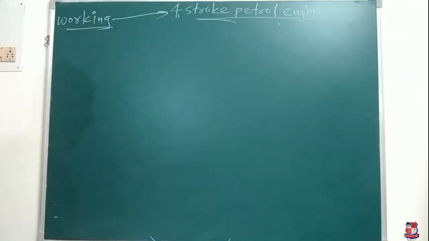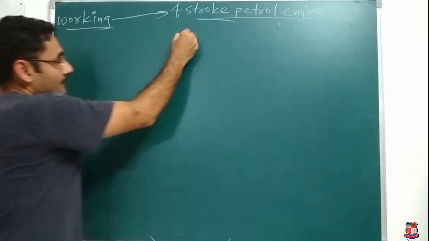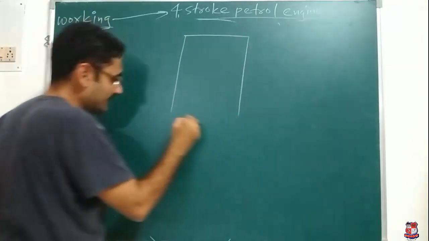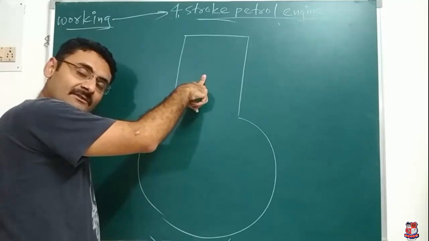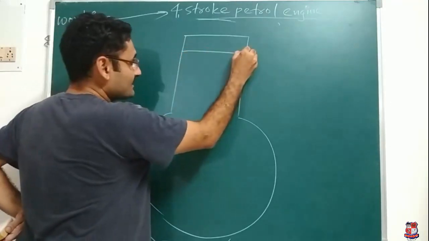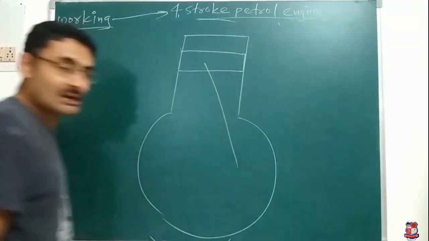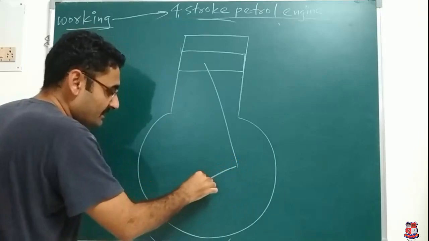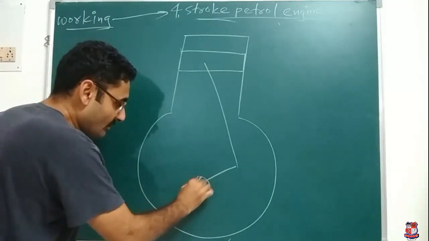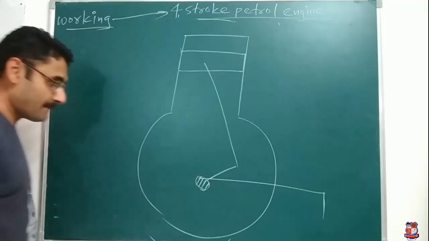First of all, we will draw the diagram, because without diagram we cannot understand the working principle. So I will draw the diagram like this. Big diagram. That is your cylinder. Inside of the cylinder, one piston is inserted. Piston is connected with one rod, which is known as connecting rod, which is used to connect your piston with the crank. Crank is mounted on the main shaft. Main shaft is located with the kick on which we are applying the force.